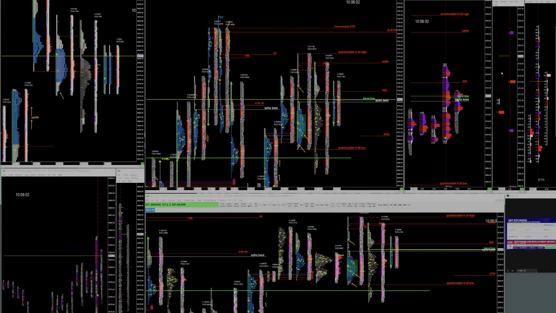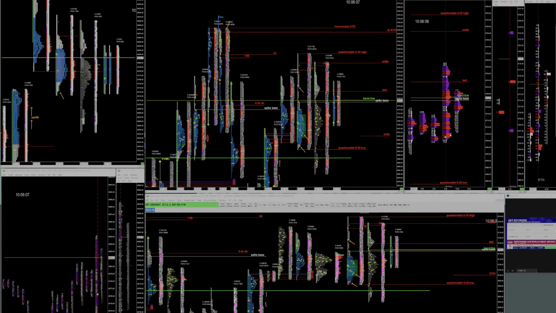I don't like this, right? I don't like the fact that this market has calmed down almost the whole period, right? Has come back inside this range here.